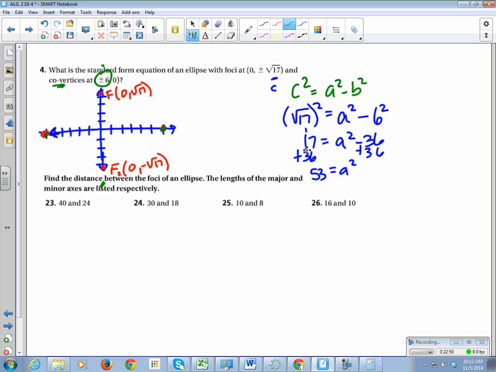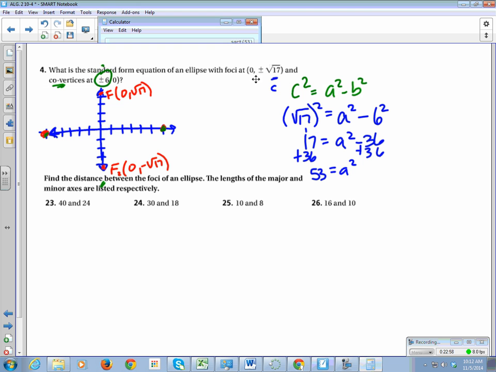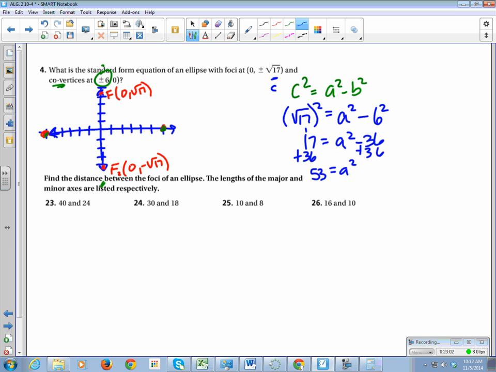So actually, I want to draw it just for fun. So let's find the square root of 53. 7.2. So my ellipse goes something like that.